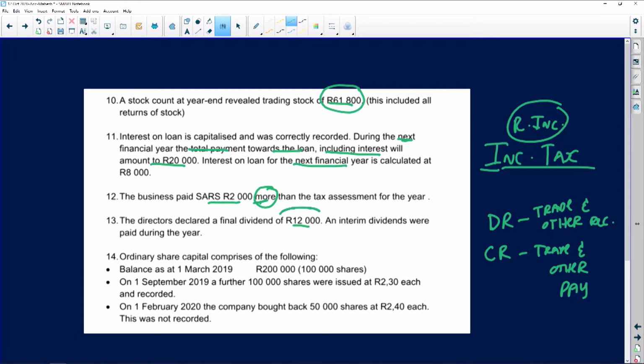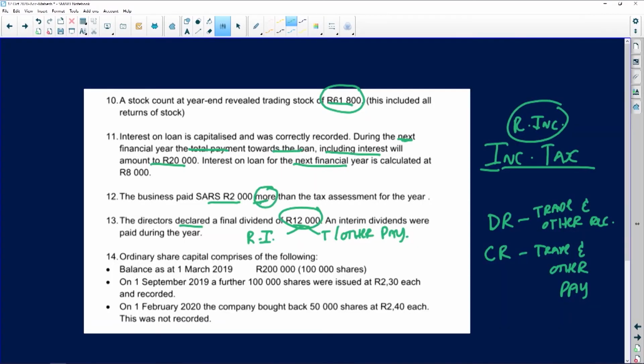Right, so let's record our final dividend, nothing for us to calculate. Remember, your final dividend will be shown in the retained income note as well as in the trade and other payables note, because a final dividend is only declared and not paid at the end of the financial year.